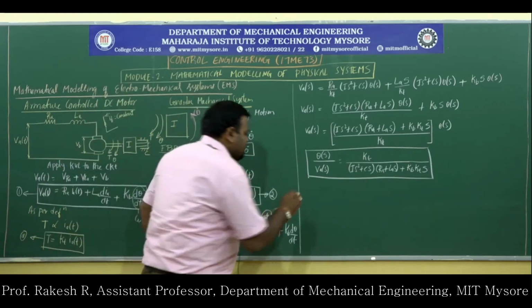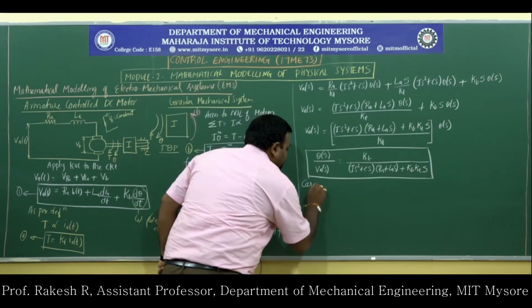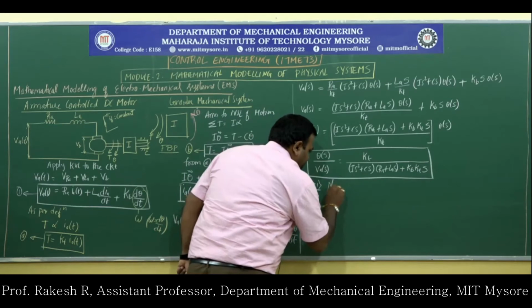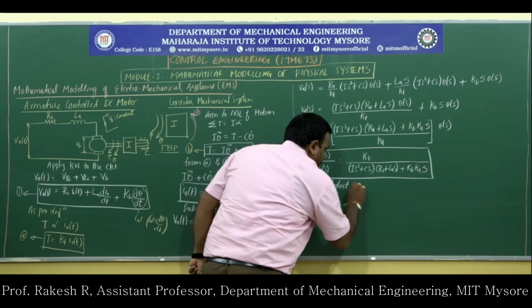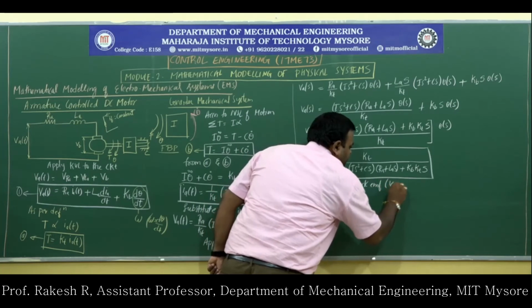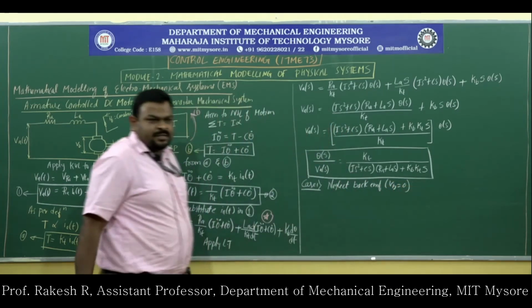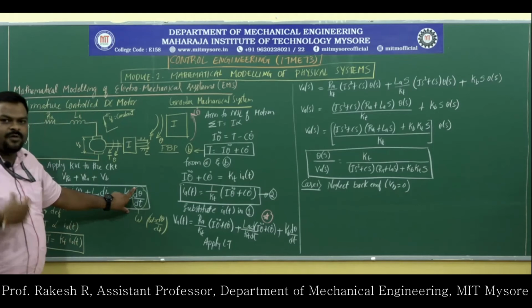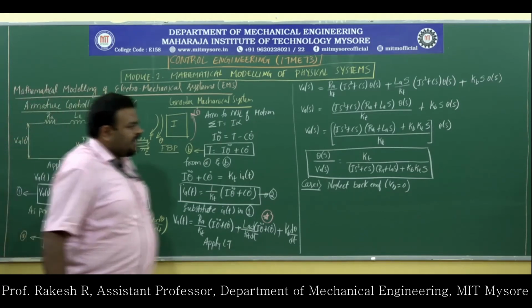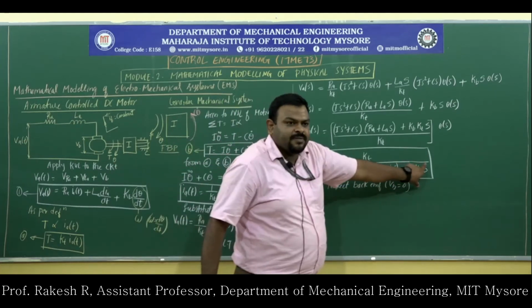So there are different cases here. First, I will be neglecting the back EMF. If I neglect back EMF, VB will be 0. If VB is equal to 0 means this term will not exist. This term will not exist, and KB into KT into S will be 0.